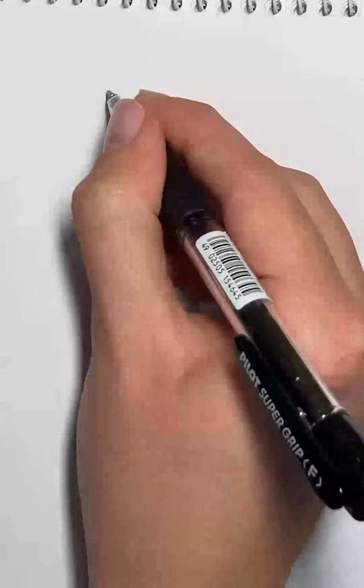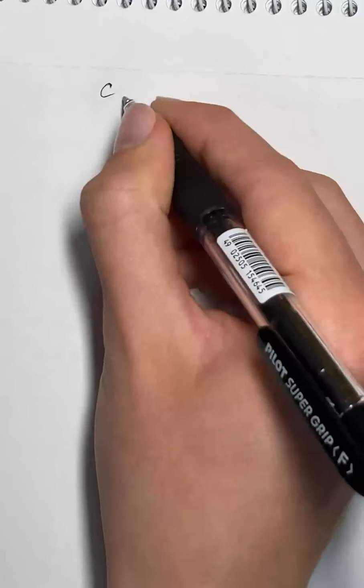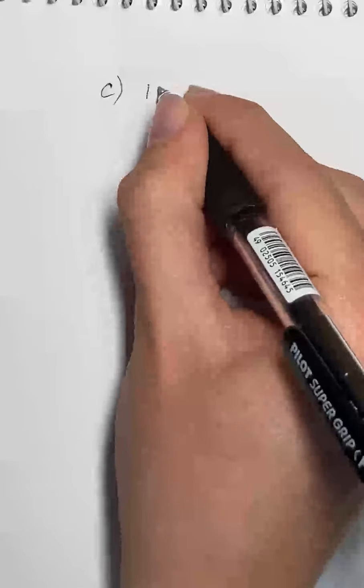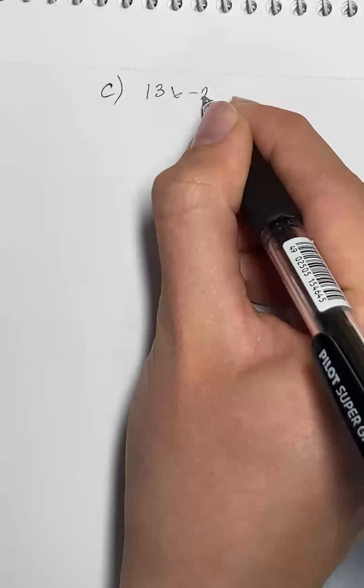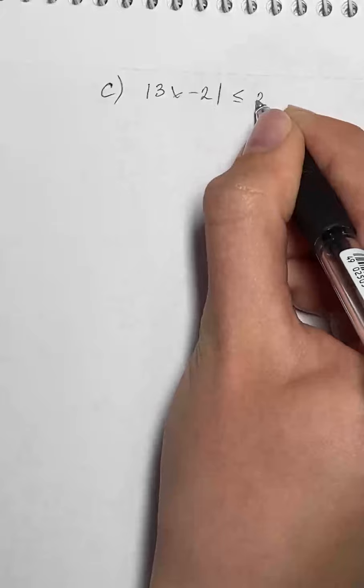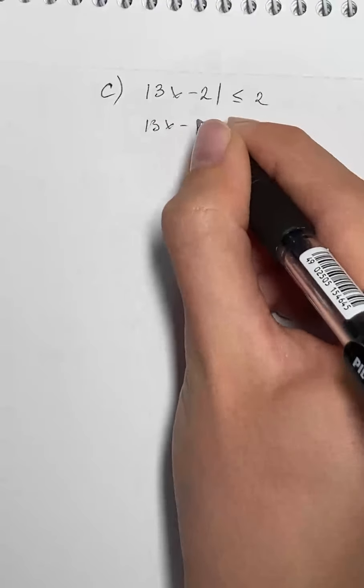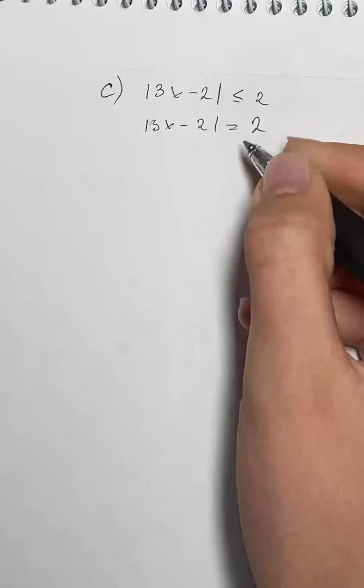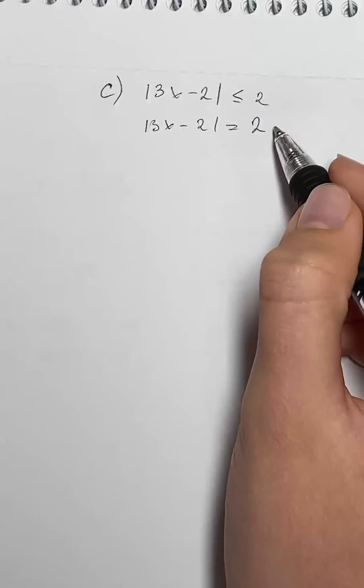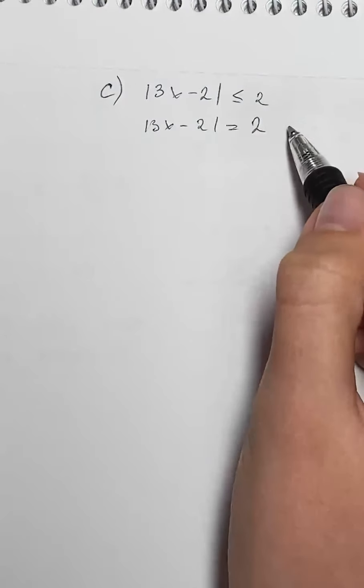So the next is inequality C, which is the absolute value of 3x minus 2 is less than or equal to 2. So we replace the inequality sign with an equal sign. And since the right side is positive, there are two solutions.